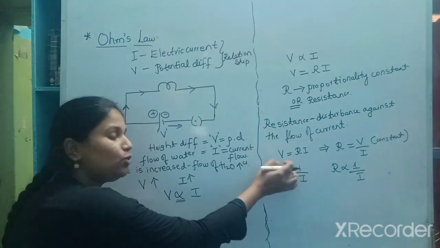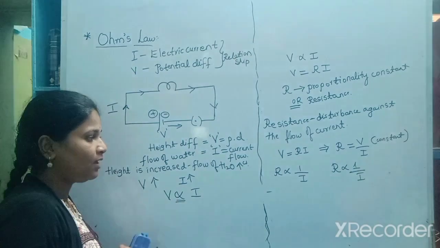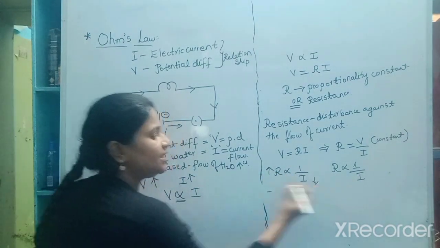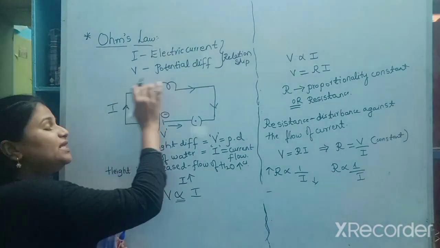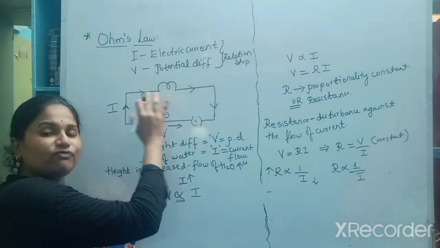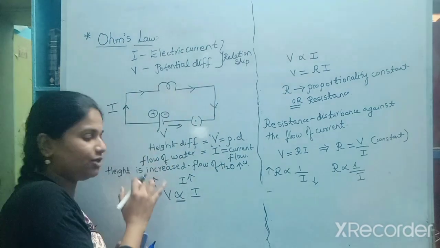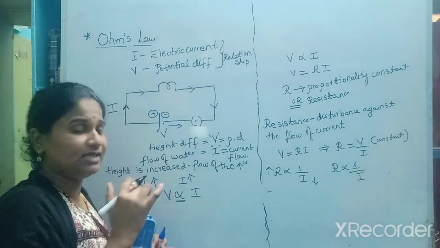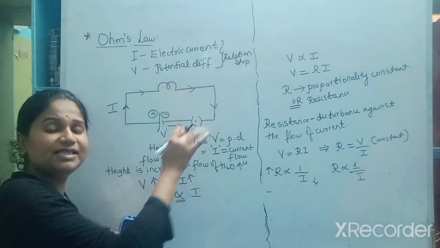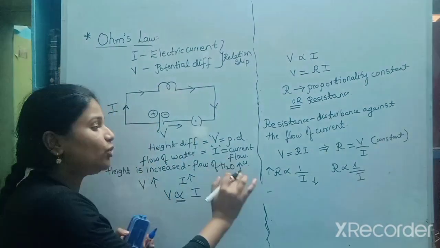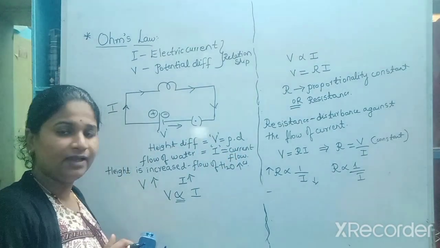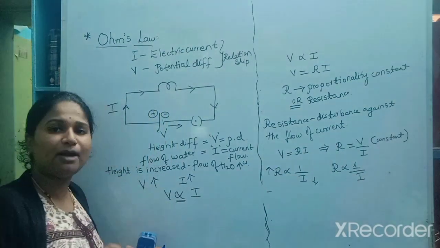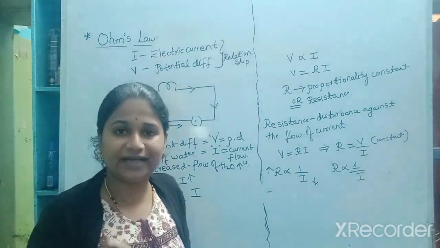Inversely means we have to write the reciprocal, 1 by I. What is inversely? If resistance increases, current decreases. If obstruction or disturbance increases in the circuit, no doubt the flow of current decreases. If the obstruction or disturbance inside the circuit is less, the flow of current will be smooth. So by this we can say the resistance is inversely proportional to the flow of current.